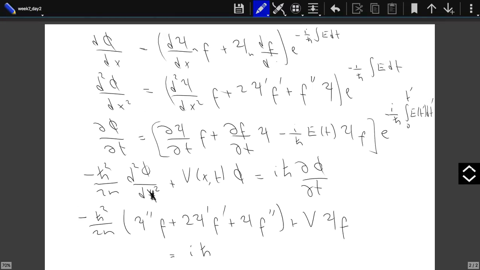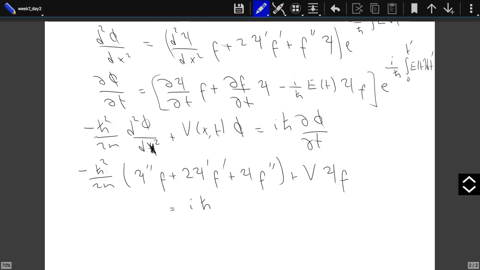Now everything has the same exponent, so when you write it in the Schrödinger equation, the exponent will be there on the left-hand side and also on the right-hand side, so I just cancel them. And so this is what remains: iħ times ψ dot f plus f dot ψ minus i over ħ E(t) ψ times f.